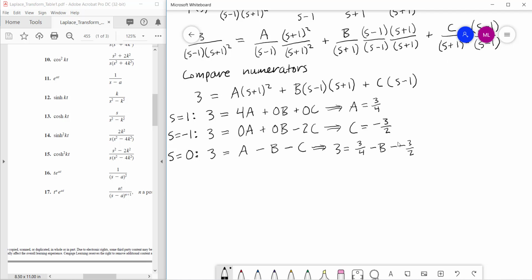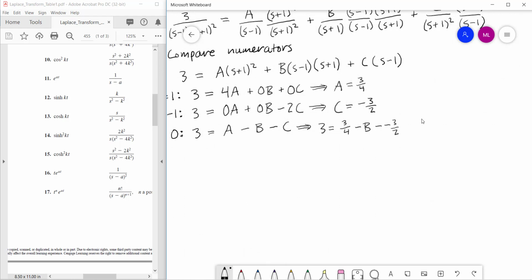So basically, I'm going to subtract 3/4 from both sides, and that'll kill off that term. I'm going to subtract off, because this minus and negative can be thought of as plus or positive, so I can subtract 3/2 from both sides. If I subtract 3/2 from both sides, that kills off this term. What do I get out of this?